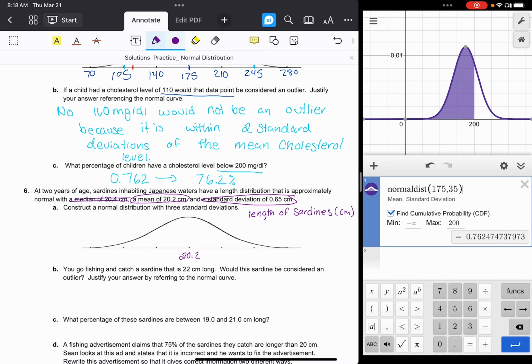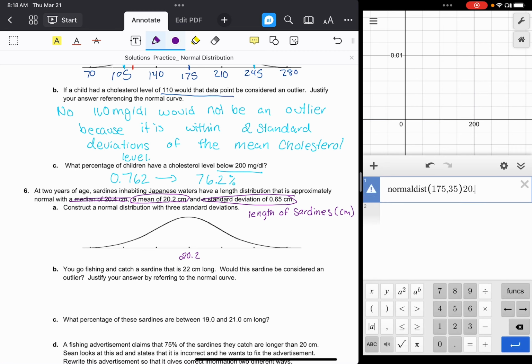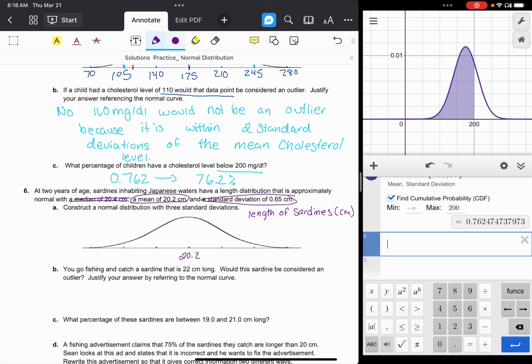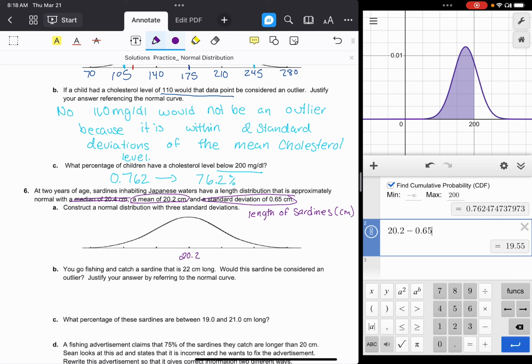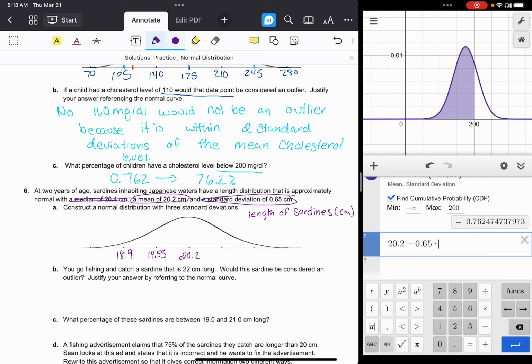All right, so we start at our 20.2. And just to change things up, what if I start below? Let's do the below side first. So 1 standard deviation below would be 19.55 centimeters. 2 standard deviations below would be 18.9, and 3 standard deviations below would be 18.25.